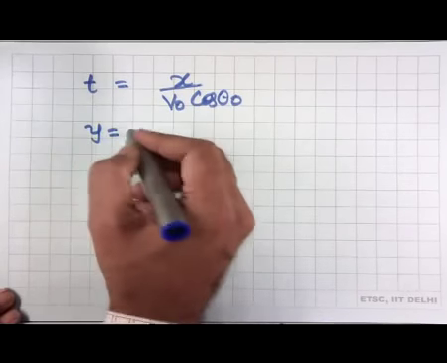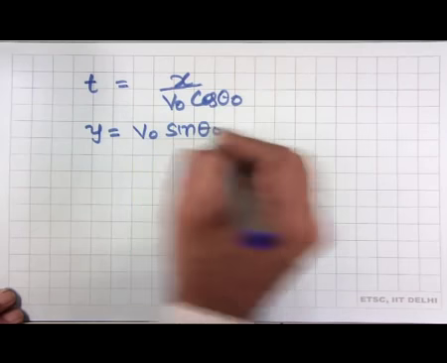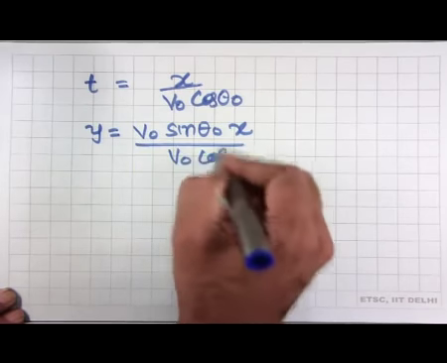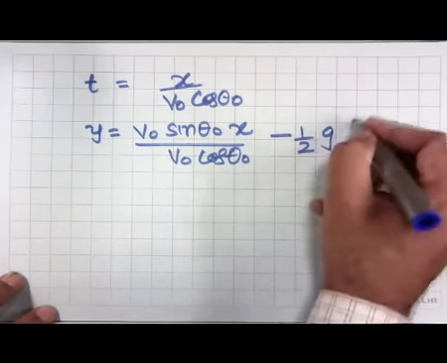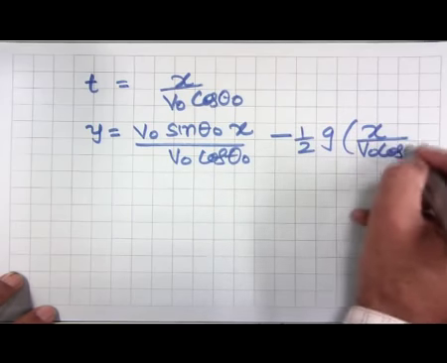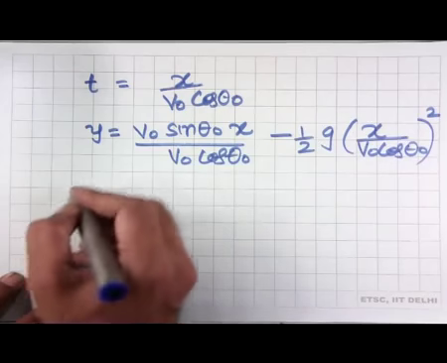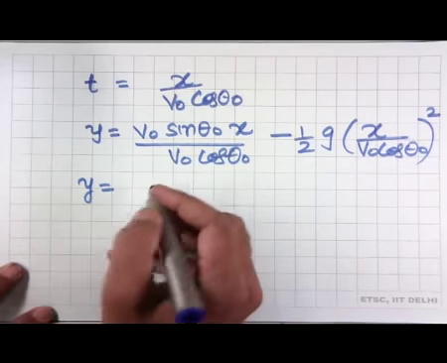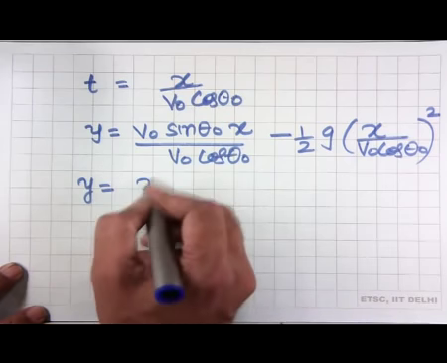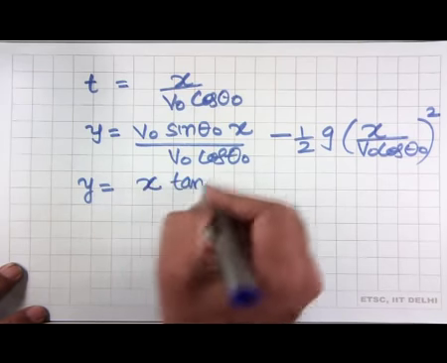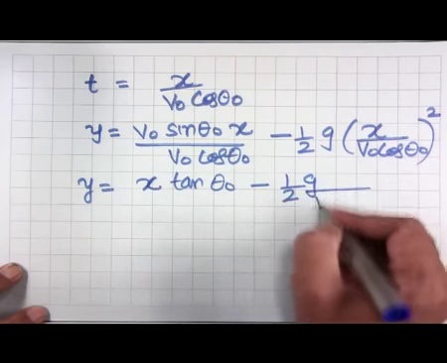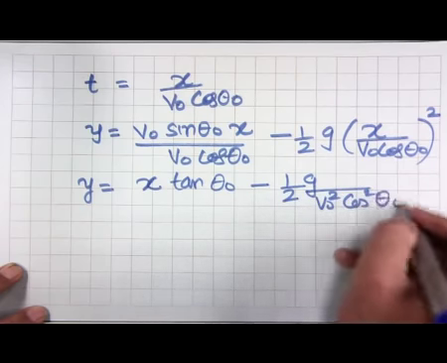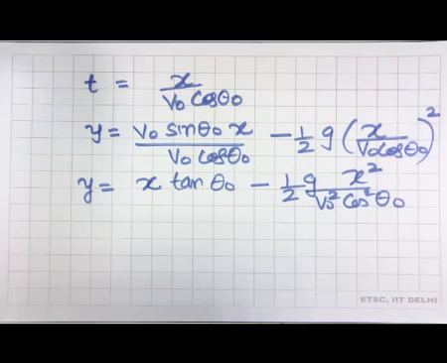So, y is equal to v0 sin theta 0 times x by v0 cos theta 0 minus half g times x upon v0 cos theta 0 whole square. When we simplify this, we get y is equal to x times tangent theta 0 minus half g upon V0 square cos square theta 0 times x square, which we explained last time was the equation of a parabola.